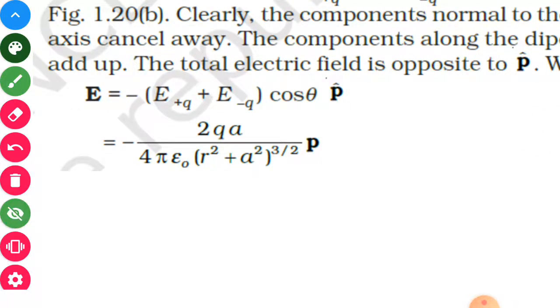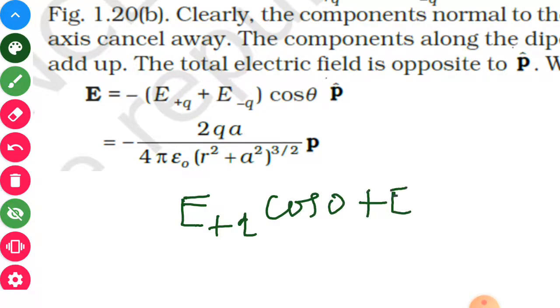Both the components are added, so E plus Q cos theta plus E minus Q cos theta are added to find the resultant electric field. This is the magnitude. Try to understand. This is your magnitude of electric field.